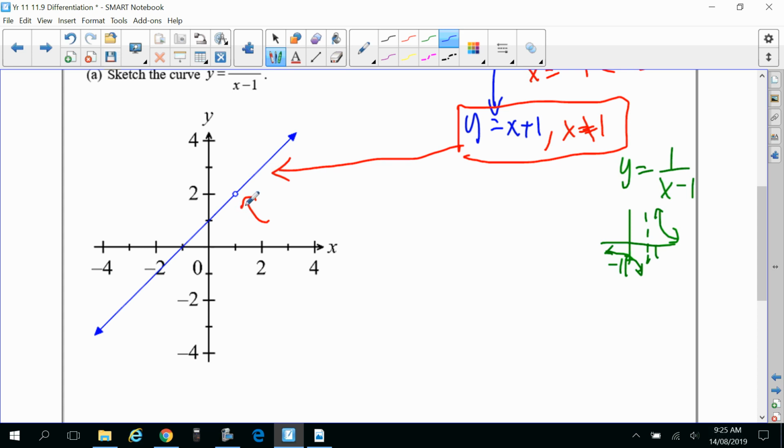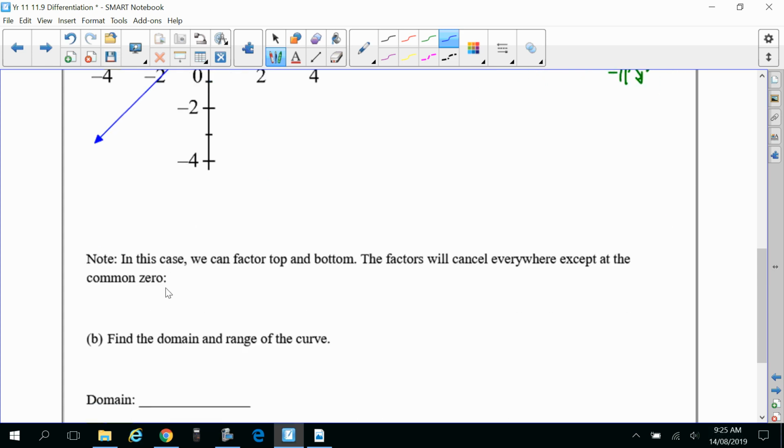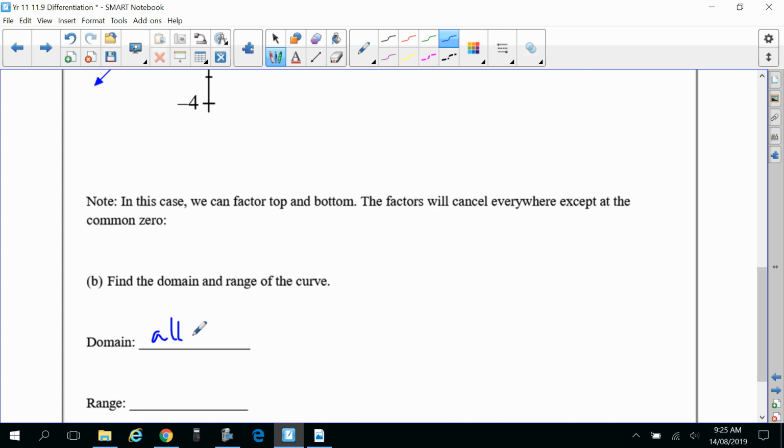Seriously. All right, ask someone else. Sonia, domain. Oh my God, seriously. Look at it. The answer is screaming at you. Domain of this graph. No? Irene. Yep. That's all you have to say. Thank you. All right, move on.